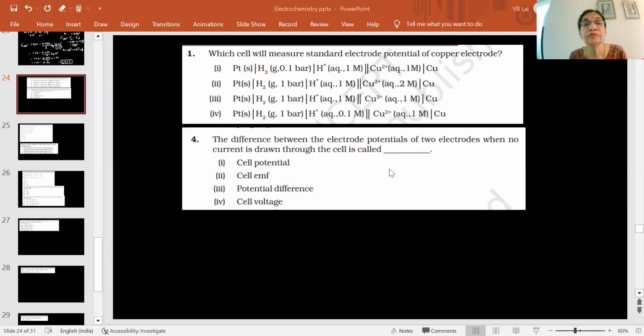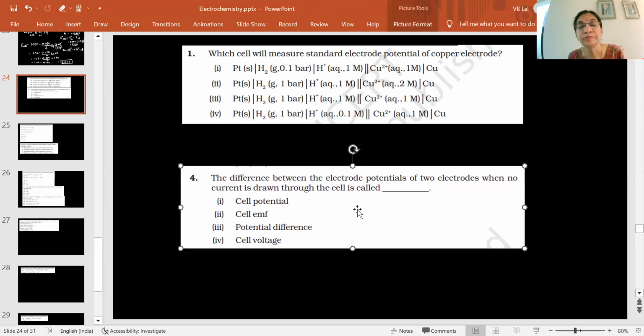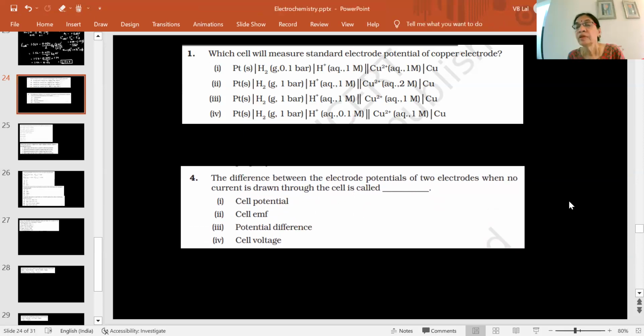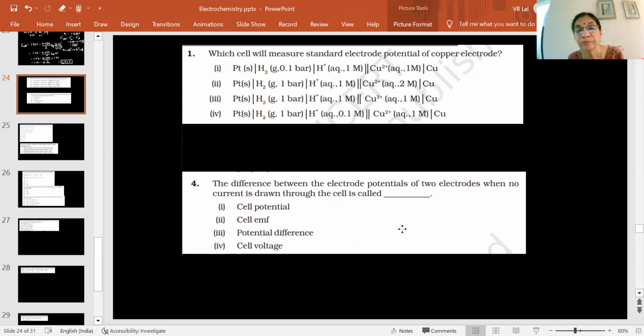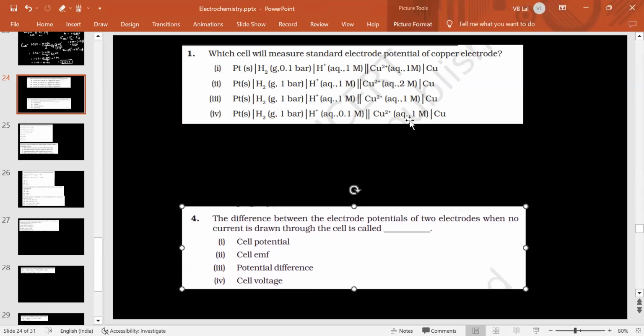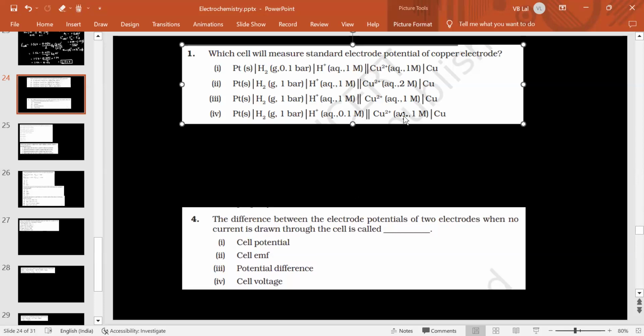Now, the first question: which cell will measure the standard electrode potential of a copper electrode? Is it option 3, miss? Why do you choose 3?